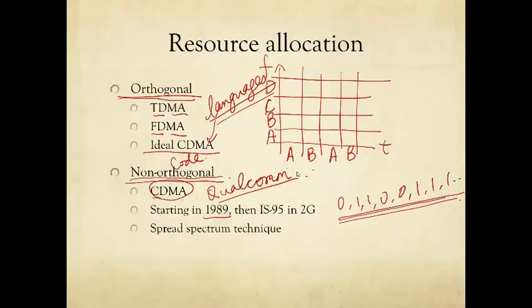And then after quite a few years of debates in the 90s, it finally got standardized as so-called IS-95 as one of the 2G standards, and got very popular in the US for certain operators and in certain parts of Asia. And then in third generation, both main tracks of 3G, one called UMTS, the other called CDMA 2000, actually use elements of CDMA technology. So if you're using a 3G phone, then you are using CDMA.